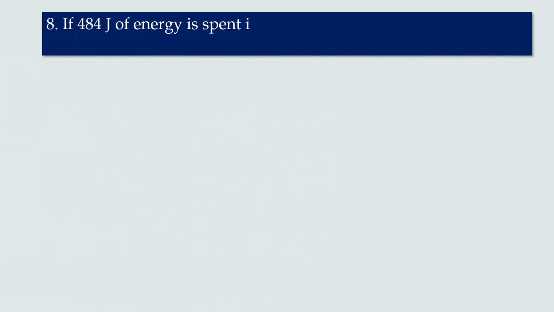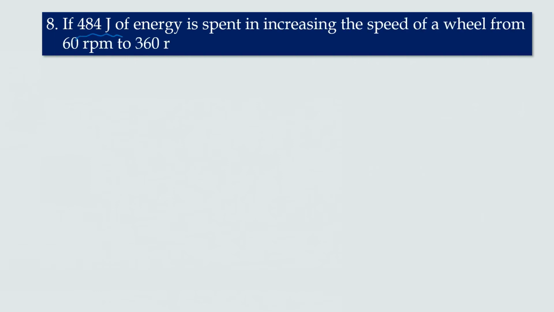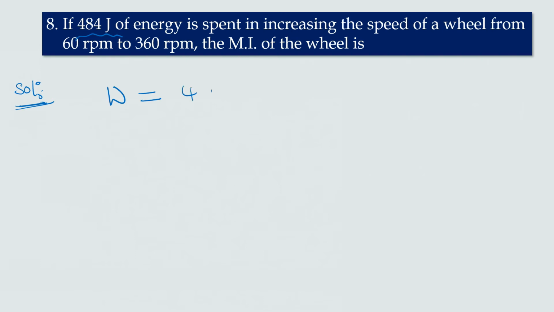Okay, next we will go to the next. If 484 joules of energy is spent in increasing the speed of a wheel from 60 rpm to 360 rpm, the moment of inertia of the wheel is. Here we have to calculate the moment of inertia of the wheel. Let us go to the solution. Given work done is equal to 484 joules.